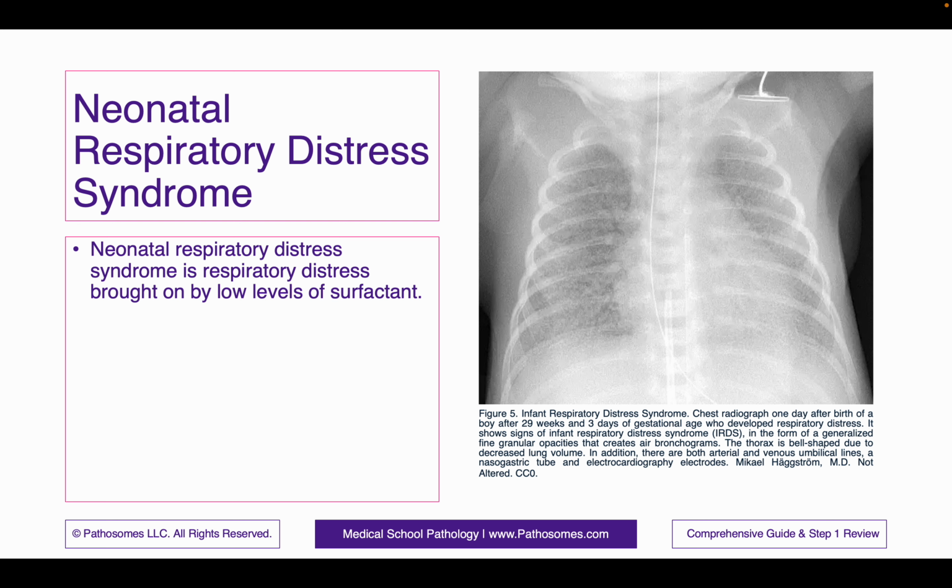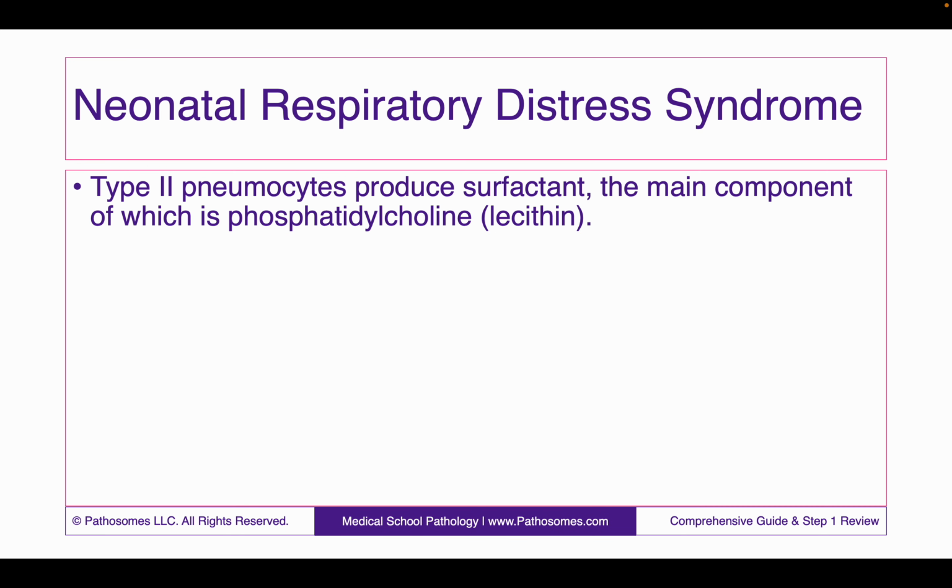Now let's talk about this. With neonatal respiratory distress syndrome, those type 2 pneumocytes that produce surfactant, they're working in general under normal circumstances. And these cells, the main component of that surfactant is lecithin, also known as phosphatidylcholine.